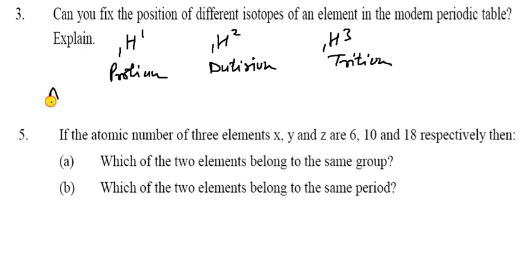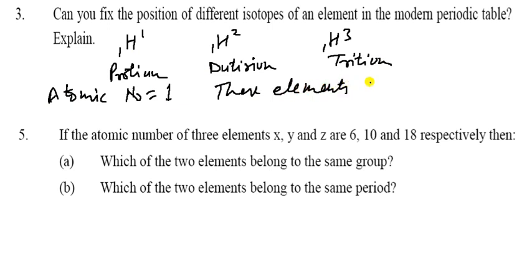But they all have the same atomic number, atomic number equal to 1. So they are placed in one place, because all the elements have the same atomic number, and the table is based on atomic numbers.